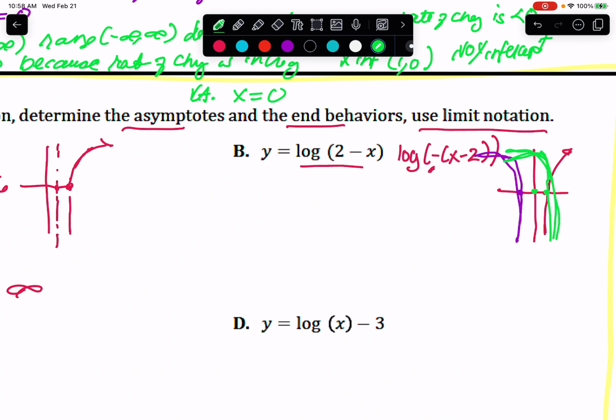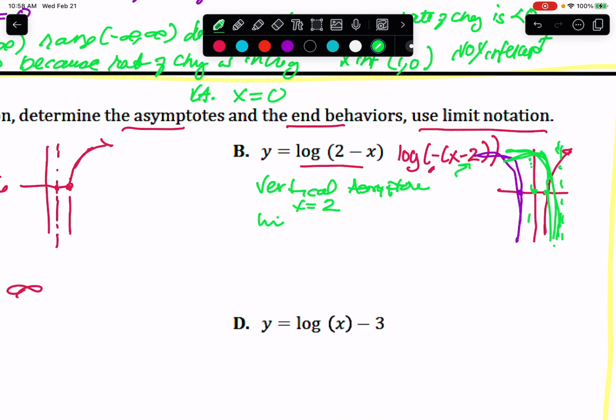If my asymptote was at 0, now it's going to be at positive 2. So there we have the vertical asymptote, you can tell it's at positive 2. So the vertical asymptote is x equals 2.